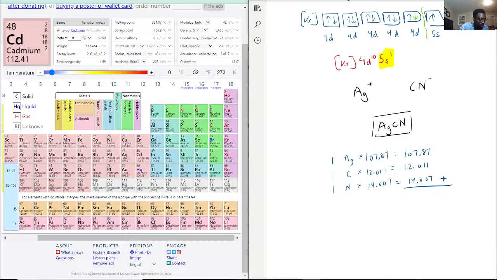Whoops, what did I do? There we go. 133.888. So silver cyanide has a molar mass of 133.888 grams per mole.